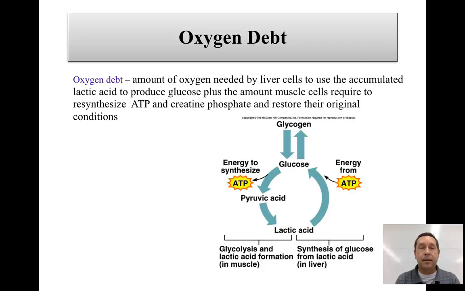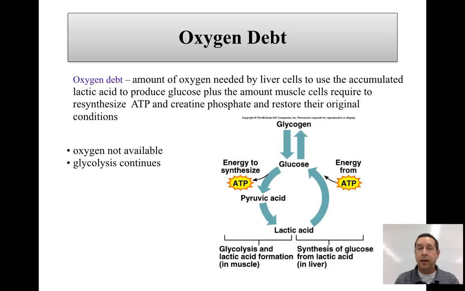It is the amount of oxygen needed by a liver cell to get rid of the lactic acid, to restore the glucose levels, and restore the ATP and creatine phosphate levels back to what they were before the muscle went into oxygen debt. So that's what oxygen debt is.